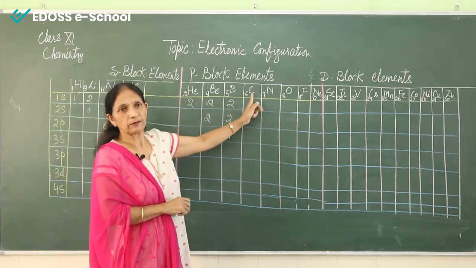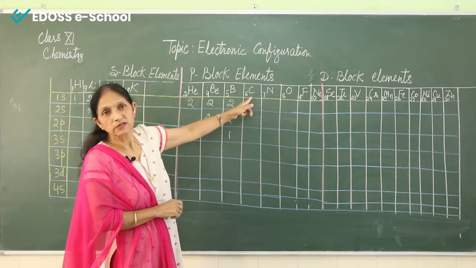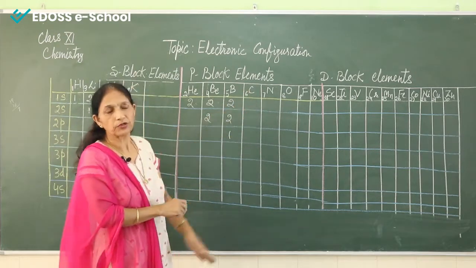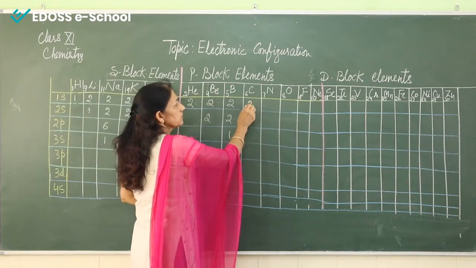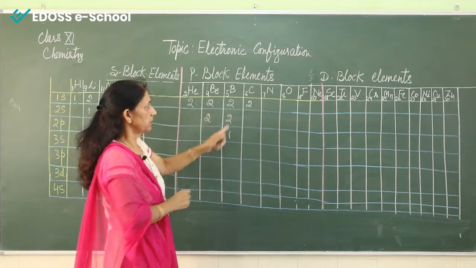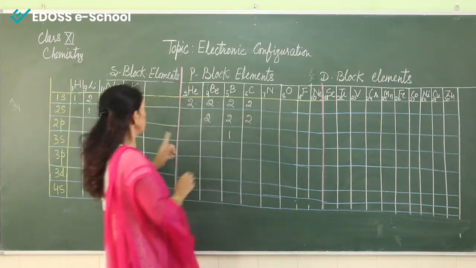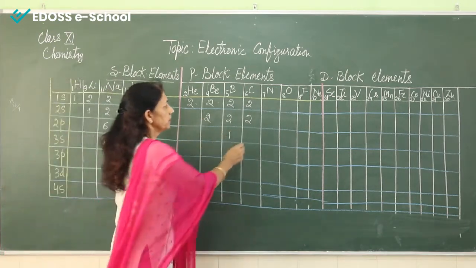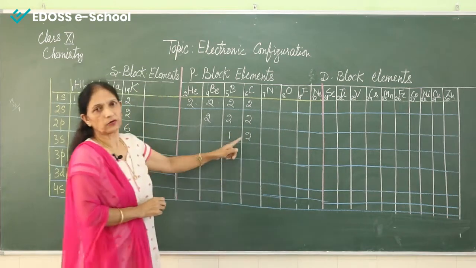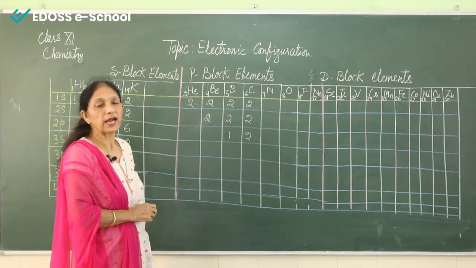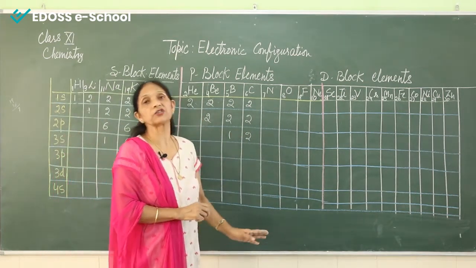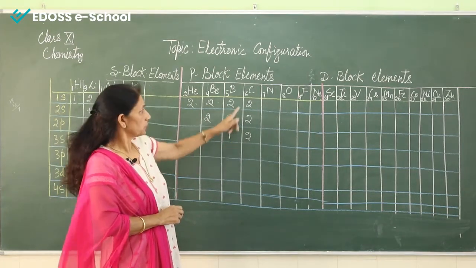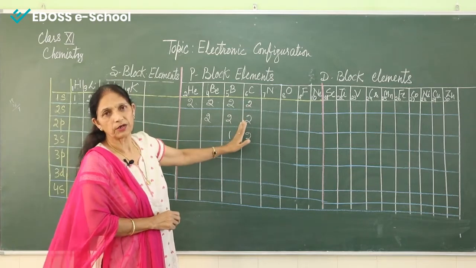Now this is carbon. Carbon is having atomic number 6. So how will these 6 electrons be distributed? In 1s 2 electrons, in 2s 2 electrons, and in 2p there will be 2 electrons, because p has the capacity of accommodating 6 electrons. This is the configuration of carbon.